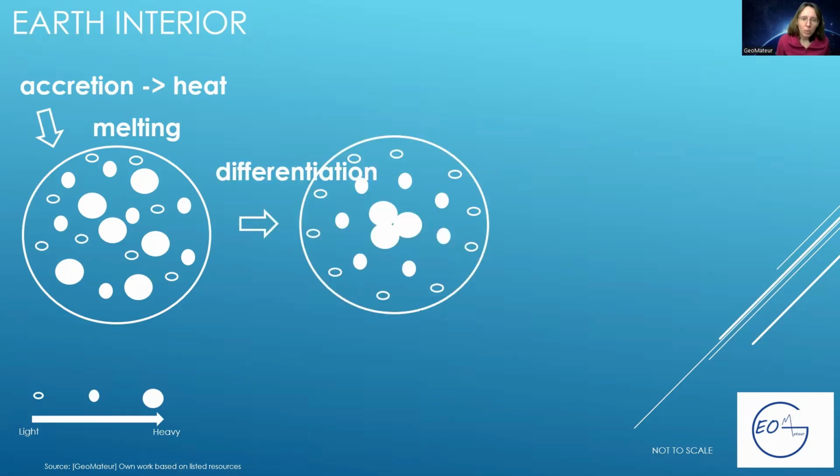Thanks to the fact that the material was melted, the differentiation process was possible. It's easy to differentiate a melted material that behaves as a fluid. To differentiate a solid material, it's almost impossible. The rule of the differentiation process was simple.